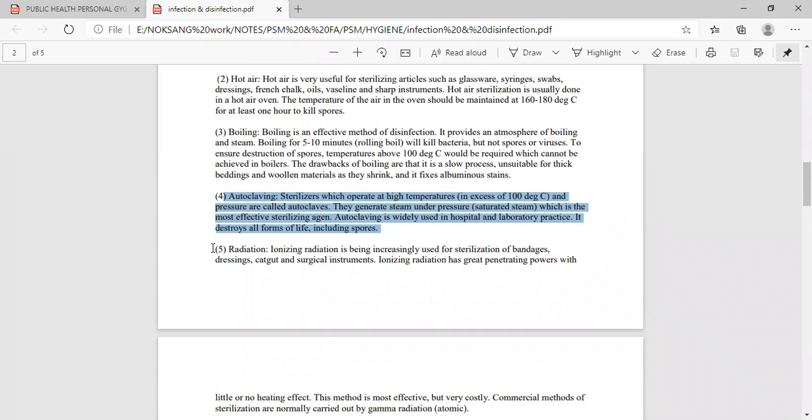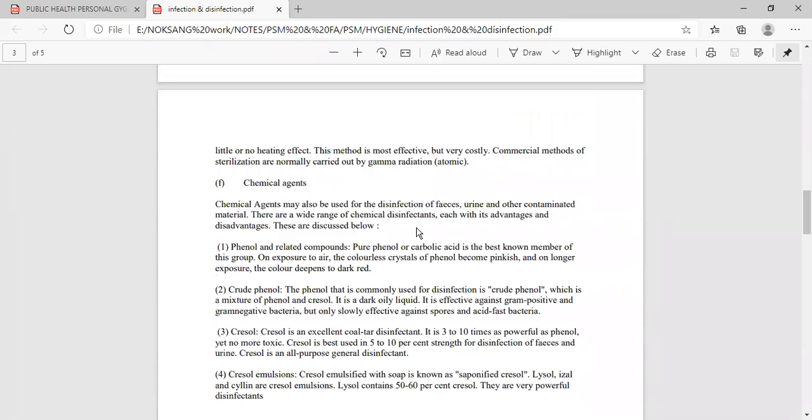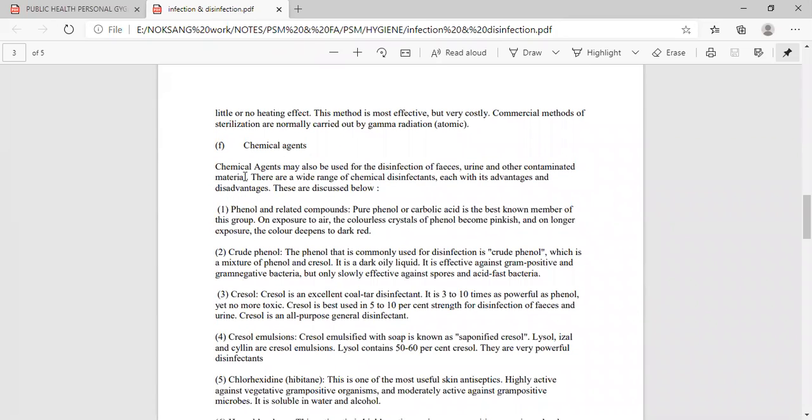Then number 5, write radiation. You don't need to write the explanation. Number 6, write chemical agents. Just write the names, like phenol and related compounds, crude phenol, cresol emulsion, then chlorhexidine.